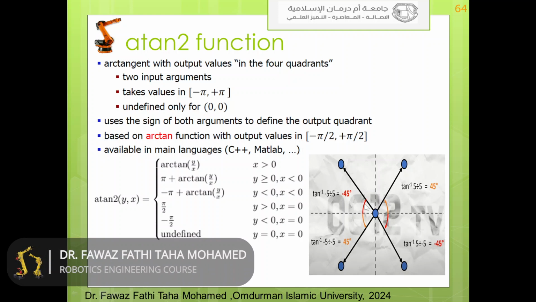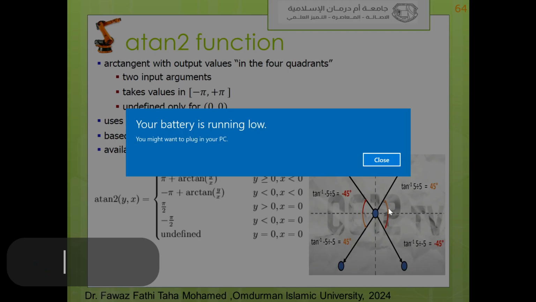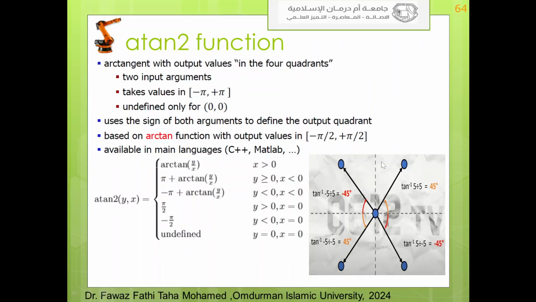In order to find this angle, the angle is equal to 180 degrees plus or minus 45, that is, plus the result of arctan.